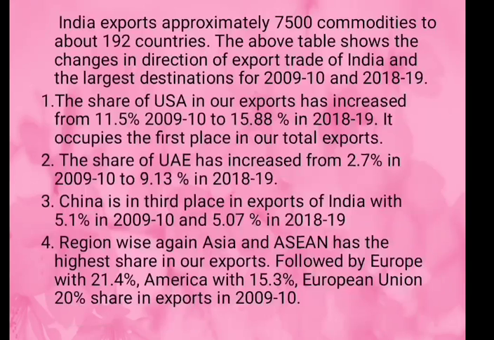The share of USA in our exports has increased from 11.5% in 2009-10 to 15.88% in 2018-19. So it occupies the first place in our total exports. The share of UAE has increased from 2.7% in 2009-10 to 9.13% in 2018-19.